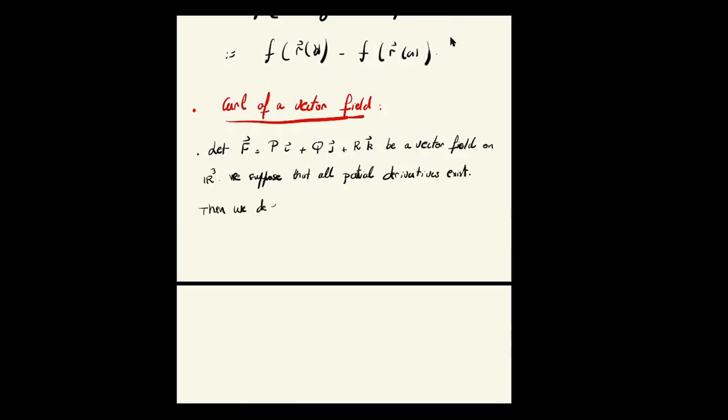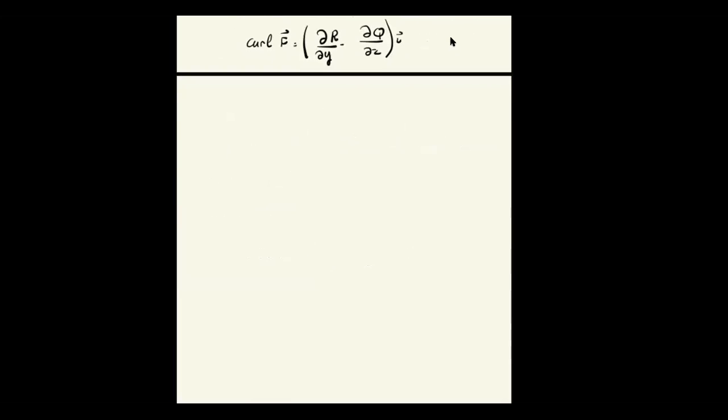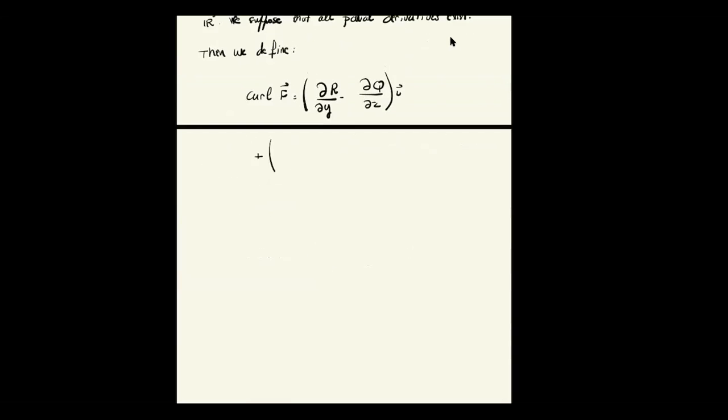Then we define the curl of the vector field F as the partial derivative of R with respect to y minus the partial derivative of Q with respect to z, times i, plus del P del z minus del R del x, times j, plus del Q del x minus del P del y, times k.